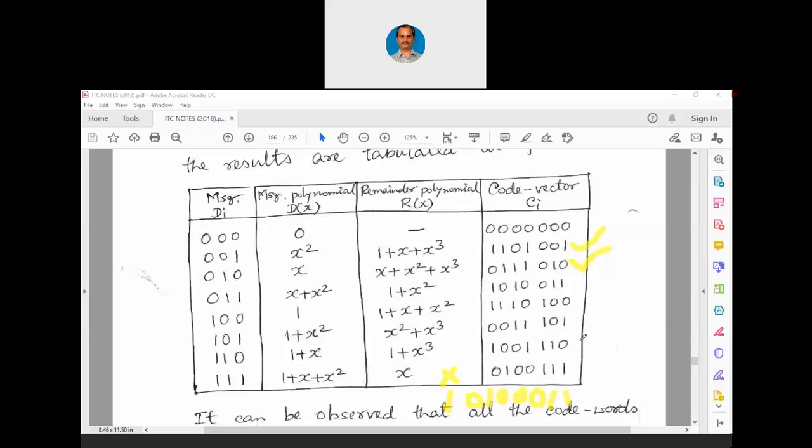Is it there anywhere? No, it is not there, right? Does the rotation of anything else become that? No, because in this particular code set, we have all 4 ones and 3 zeros. The answer which I have obtained is 4 zeros and 3 ones. So that is not present. That means this particular addition is not giving us a result.